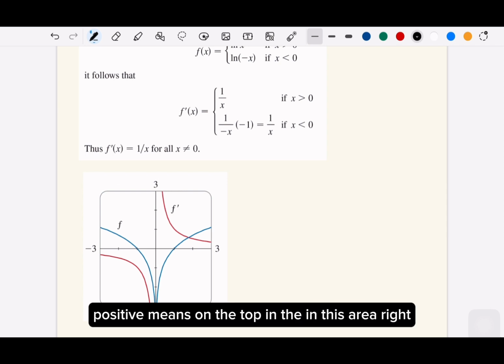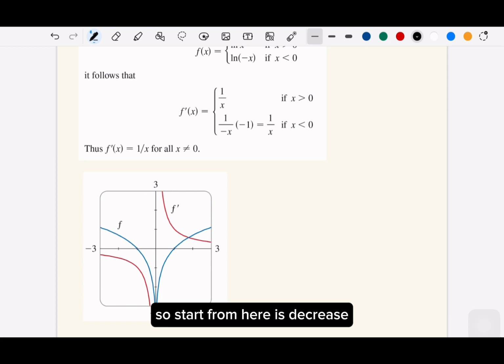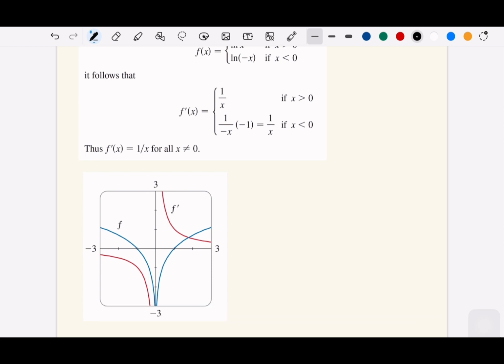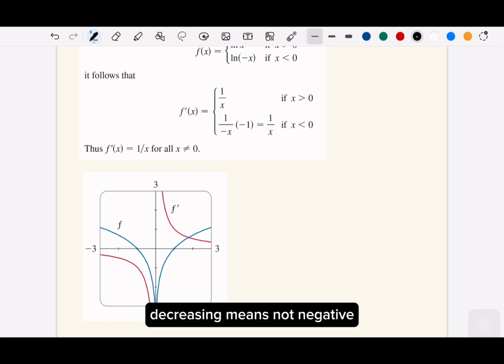Positive means on the top, in this area. It starts from here and is decreasing. In the same way, the slope is going nearby the horizontal, which is decreasing. Decreasing means not negative, but the value is decreasing.